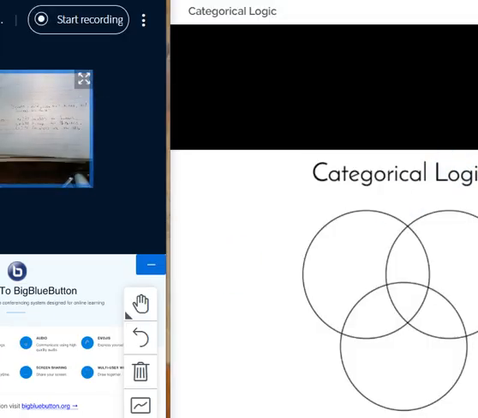I know it's a bit small, but are you able to see it enough? Okay, you can see it.